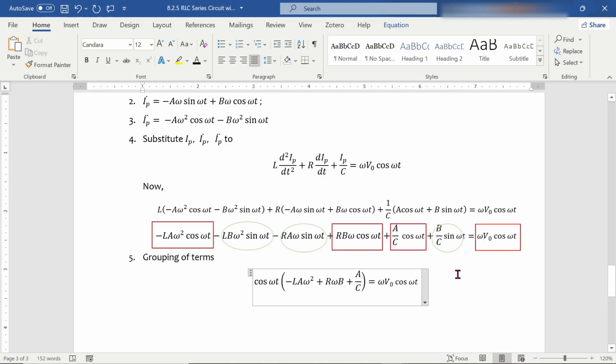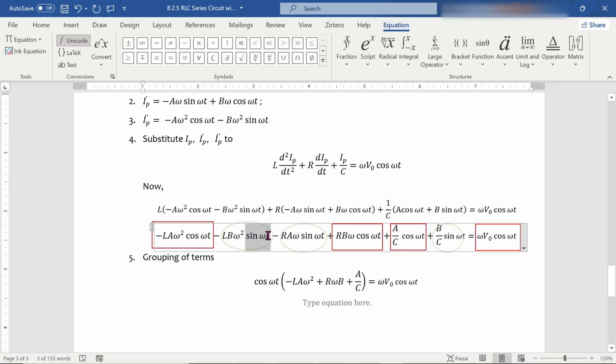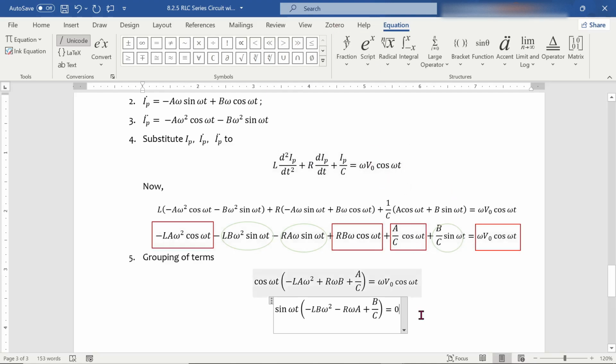For cosine, we have this one, and for the sine, we have sine of omega t times negative L B omega squared, minus R omega A, plus B over C. And we can notice that there is no sine on the right hand side of the equal sign, so this is just equal to 0.